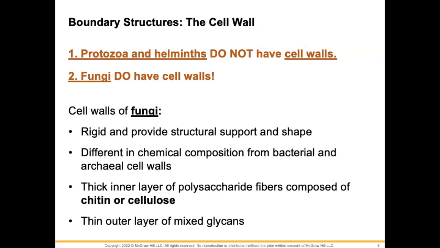There's a slightly different chemical composition in fungi from bacterial and archaeal walls. There's a thick inner layer, and that layer is composed of what we refer to as chitin, or it might be composed of cellulose. It just depends on what cell we're looking at.